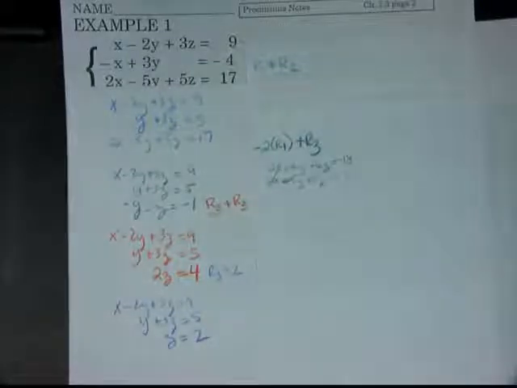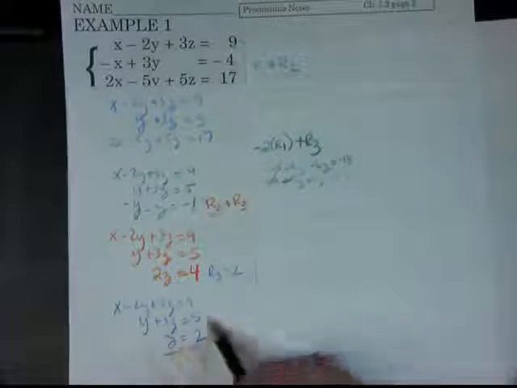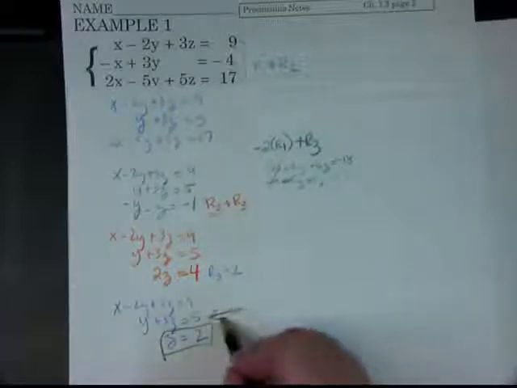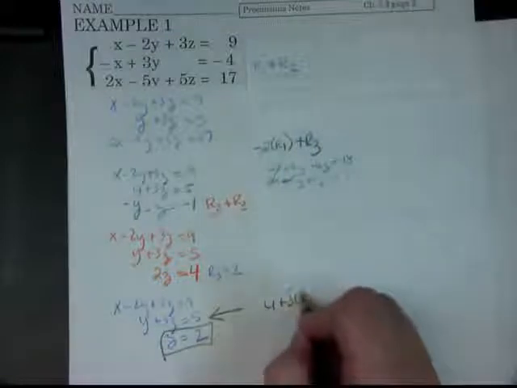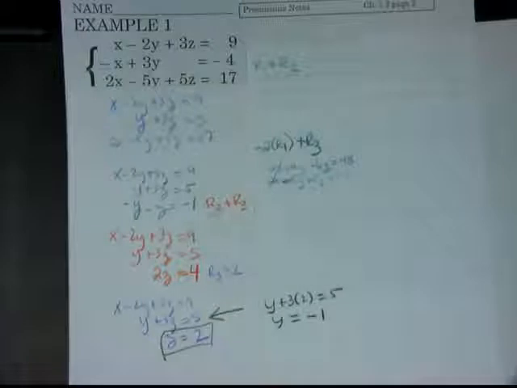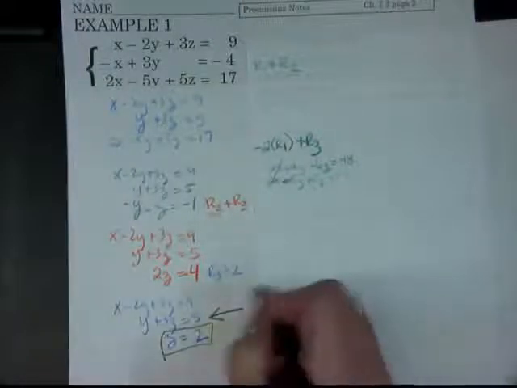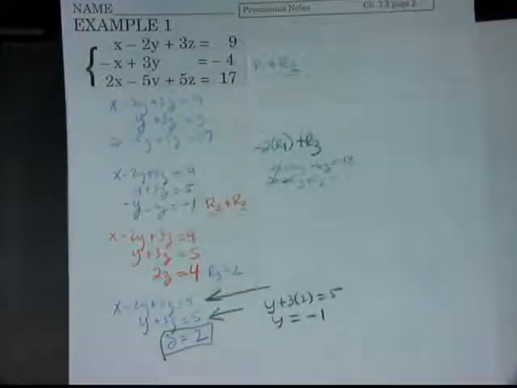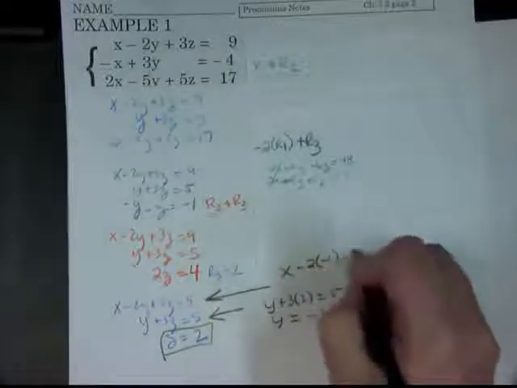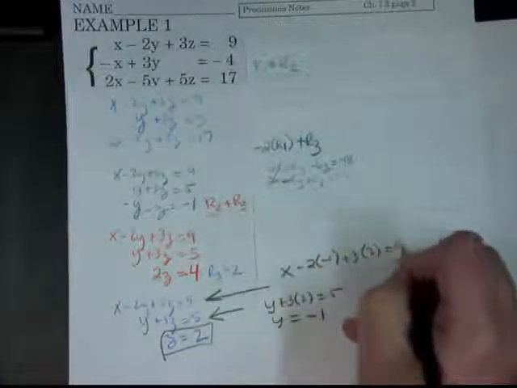Now, this is where we're going to start with our back substitution. I know z is 2. I'm finished with that one. So now I get to plug it in there. Y plus 3 times 2 is 5, so y is negative 1. I then get to take that and plug it into the other one. X minus 2 times negative 1 plus 3 times 2 is 9.